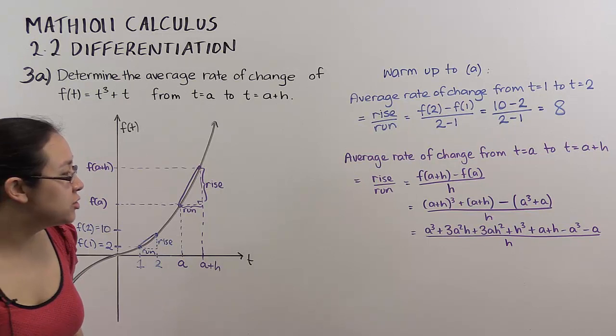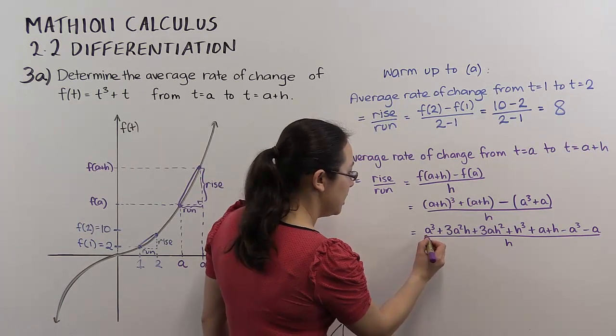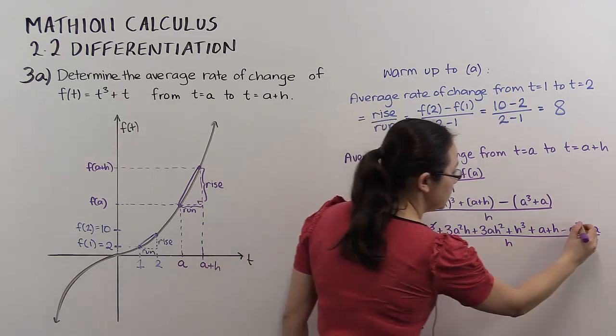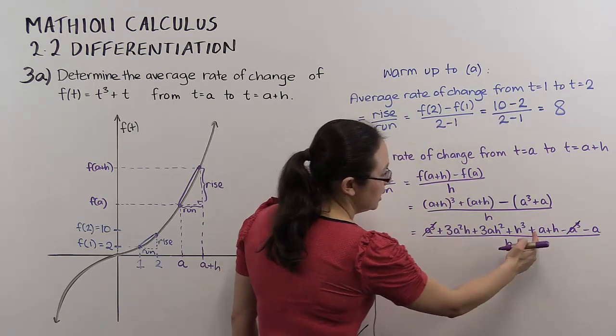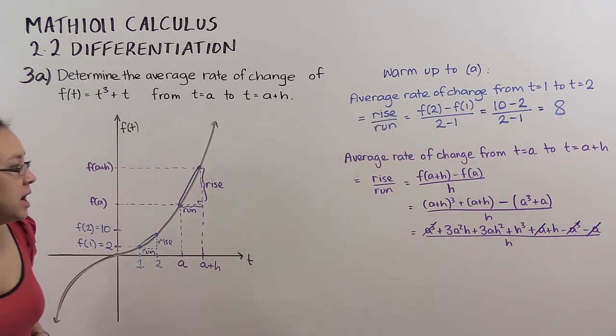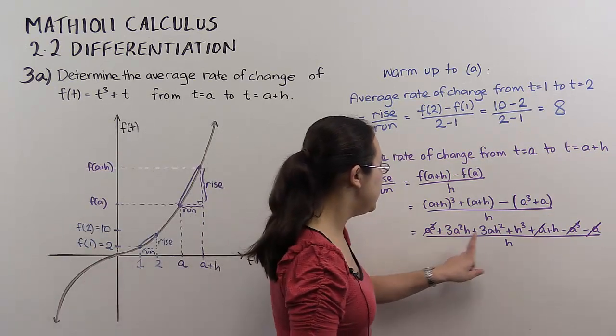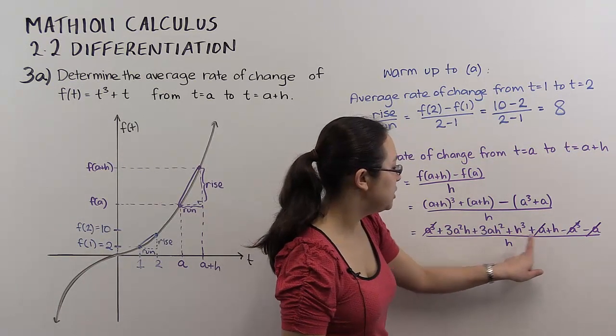And now some things should simplify. Here I have a cubed minus an a cubed, and here I have a plus a and a minus a. So these add to 0. I'm left with 3a squared h plus 3ah squared plus h cubed plus h.